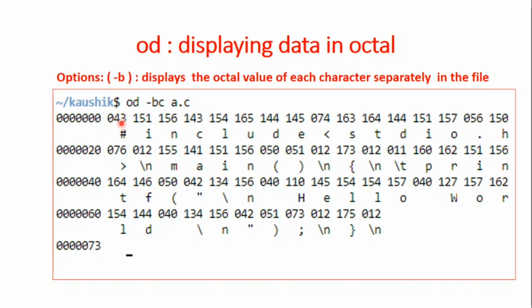So the first line will display the characters' octal equivalents. Here 043 represents the octal value of hash, and 151 represents the octal value of i. Including \n, you can see the octal value, and \t, which happens to be 011.